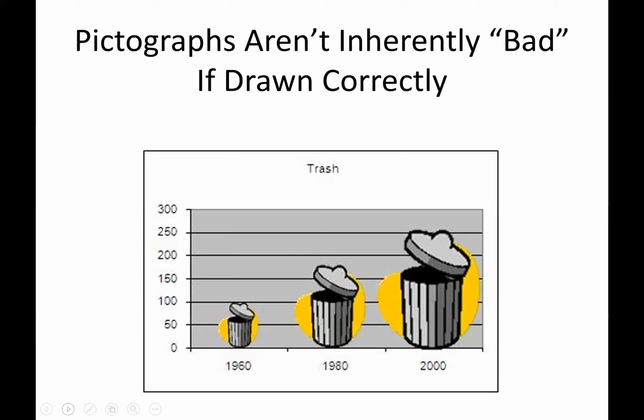And the area of the garbage can and whatever that yellow background is for 2000 looks to be over 4 times that of the 1961. If we just look at the heights, it's about 250 to 100. So it's about a 2.5 times increase, but we're actually seeing a difference in area that's 4 to 6 times different.